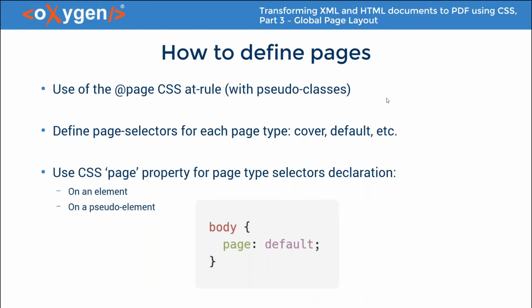So now let's start our book customization by first defining some pages. As I mentioned before, I will use the page CSS rule with a combination of pseudo classes. For each of them, I will define some page selectors, for example a cover page, a default page, etc. Each defined page must be declared on an element or a pseudo element using the page property.